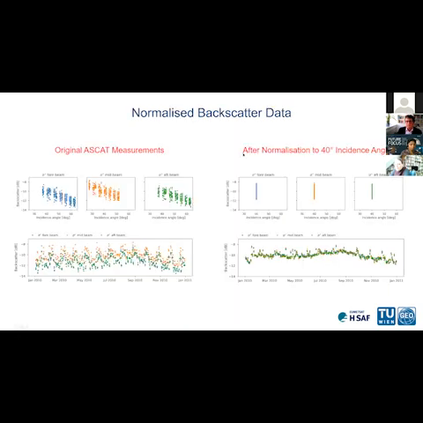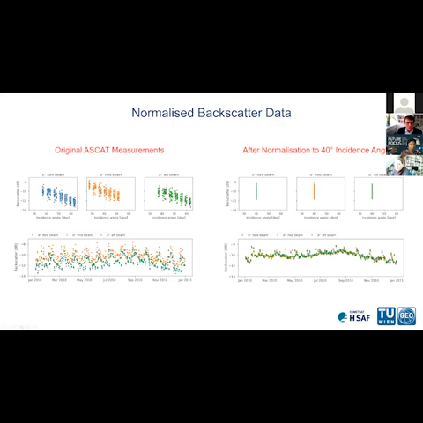Once you have the slope and the curvature fully characterized, you can normalize the backscatter measurements to make them comparable. Original backscatter measurements over land are difficult to work with. We can plot them here in a diagram, with measurements from the fore beam, mid beam, and aft beam in different colors.